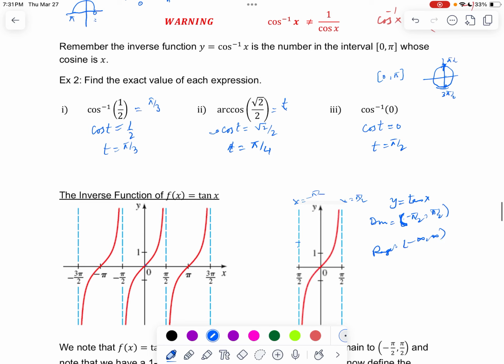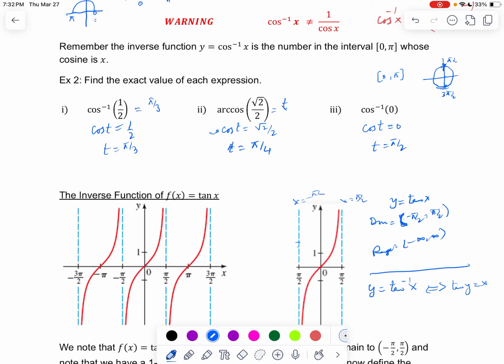So now we define the inverse tangent function in the same way that we have done before. y is equal to tangent inverse x if and only if tangent of y is equal to x.